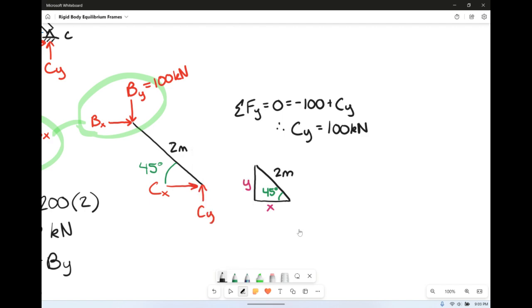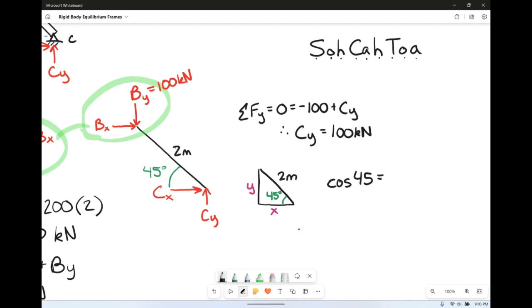Well, we know that the cosine of 45 degrees, remember our trig, we have our saying, SOH CAH TOA. So that's sine is opposite over hypotenuse, and cosine is adjacent over hypotenuse, and tangent is opposite over adjacent. So cosine of that angle is equal to the adjacent being x, over the hypotenuse is 2.